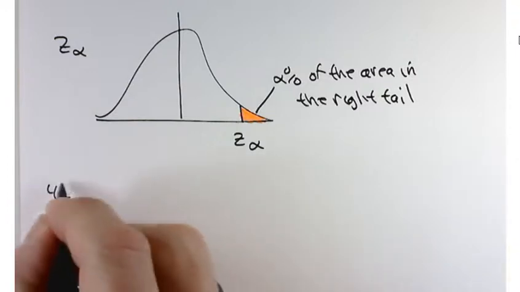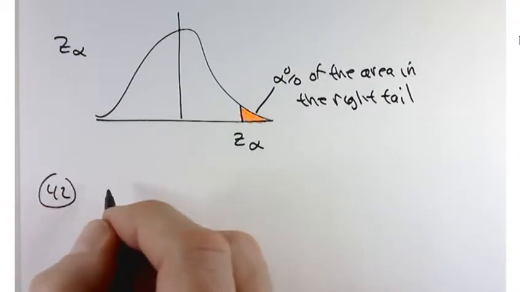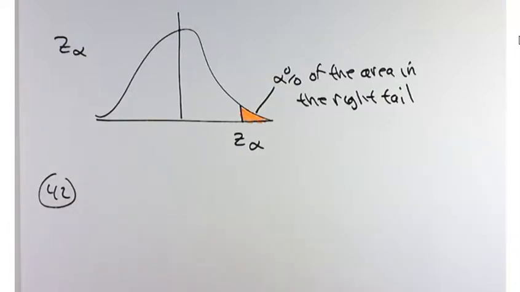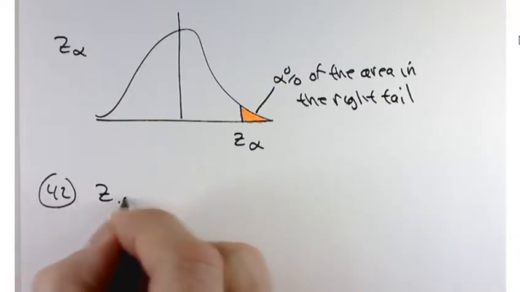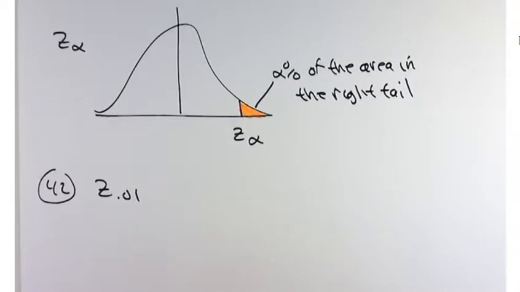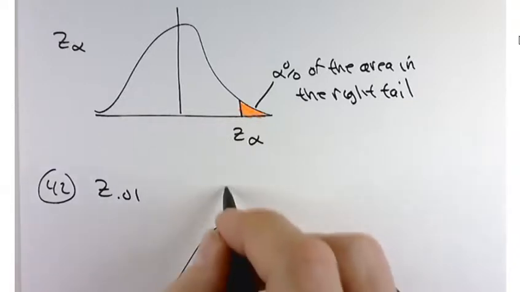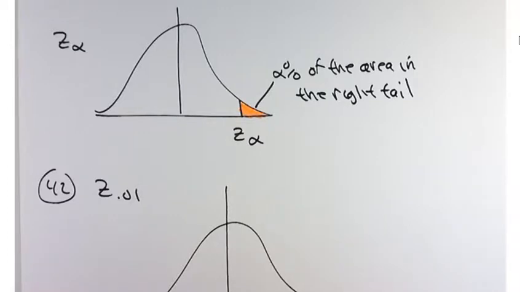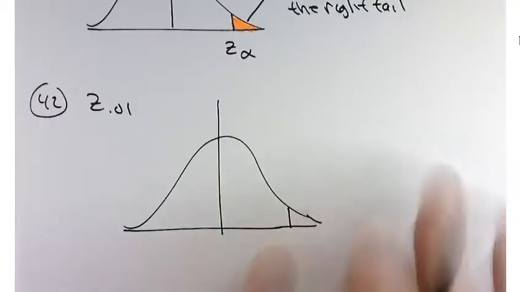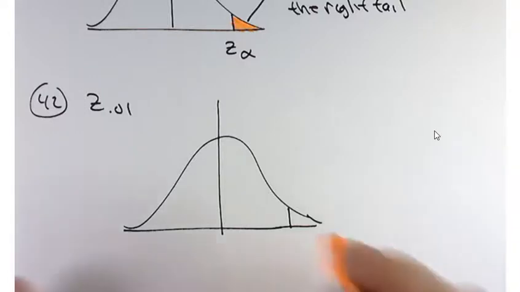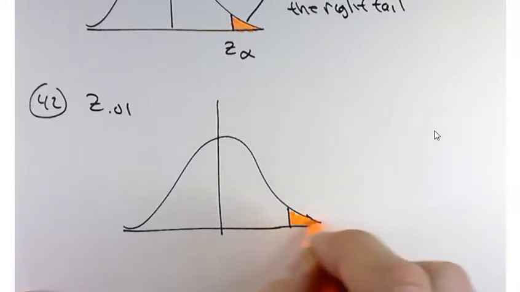And problem 42 asks you for z sub 0.01. We're going to have to think about this a little bit in relation to what we're asked for and how the tables work. Z sub 0.01 is the point on the standard normal curve with 1% of the area in the right tail.